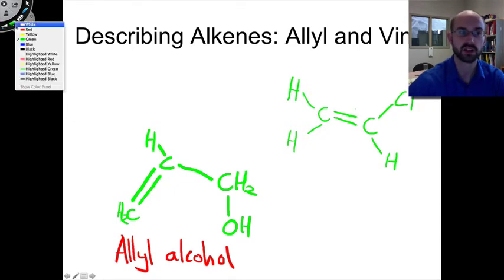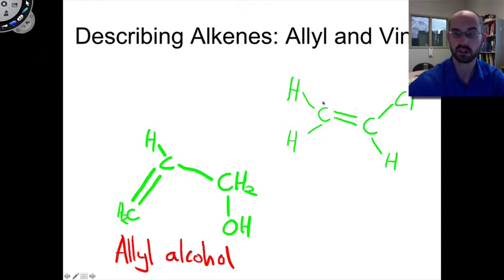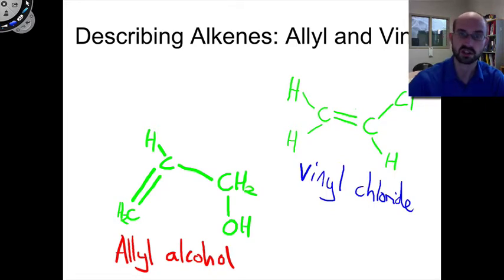Similarly, this molecule that I've drawn here, it's an alkene like ethylene, and it's got a chlorine attached to the vinyl carbon. This molecule is vinyl chloride. And you'll recognize this because when you polymerize this molecule, it becomes polyvinyl chloride. So we'll talk more about polymers as we go through the second term.